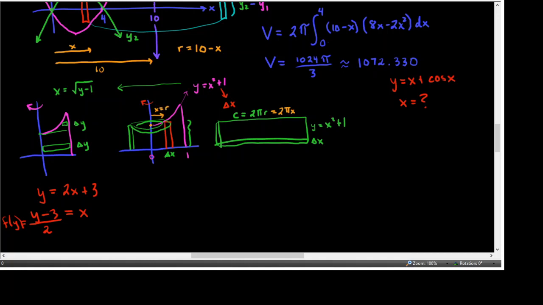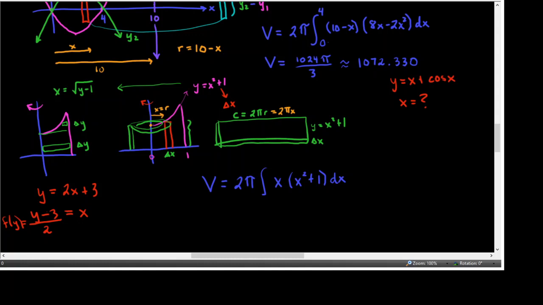R is x. So the definite integral we'll set up is, the volume is length 2 pi x, 2 pi I'm going to bring out of the integral, x, 2 pi x, times the width of the rectangle, which is x squared plus 1, times the thickness of the prism, delta x, which becomes dx.